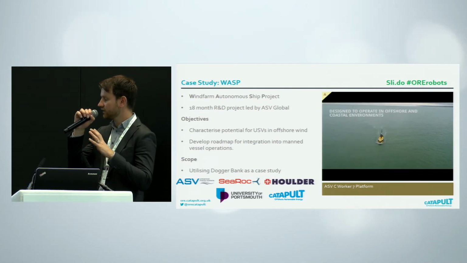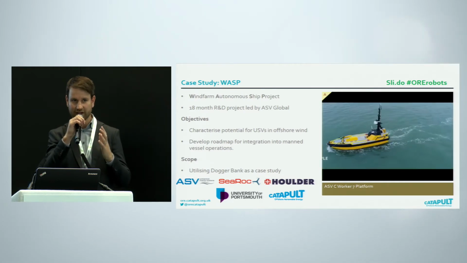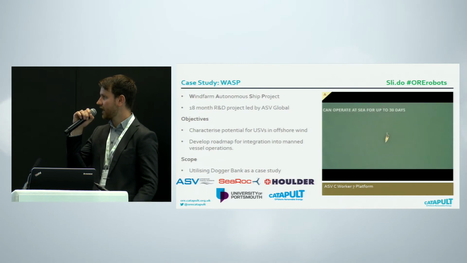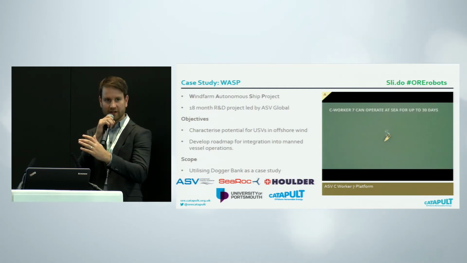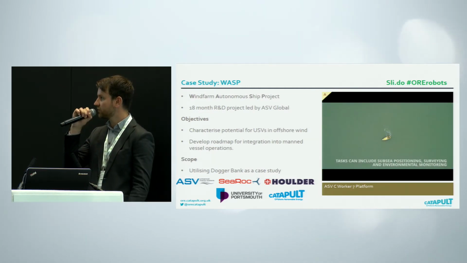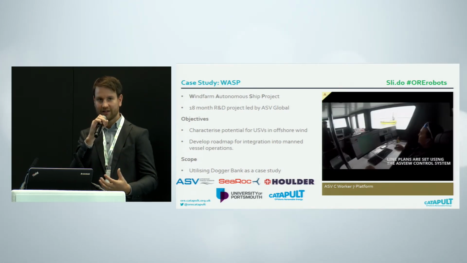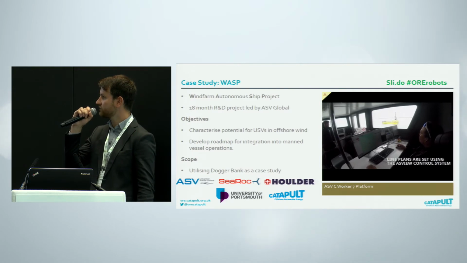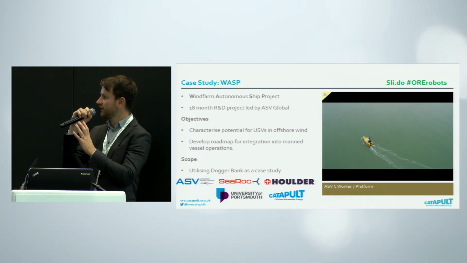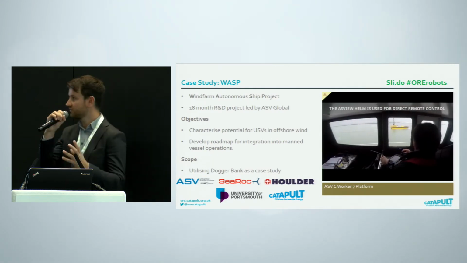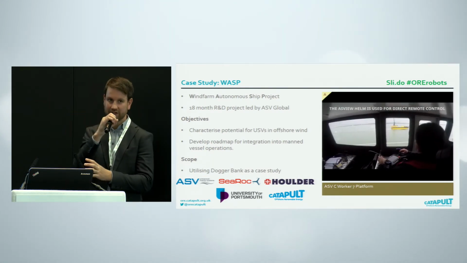It's a feasibility project, a very comprehensive and involved feasibility project to help characterize the potential for using unmanned surface vehicles in offshore wind. So look at all the potential applications, try and understand the cost benefit, and try and optimize them for those applications. So the real output will be a roadmap for the integration of USVs, unmanned surface vehicles, into manned vessel operations.